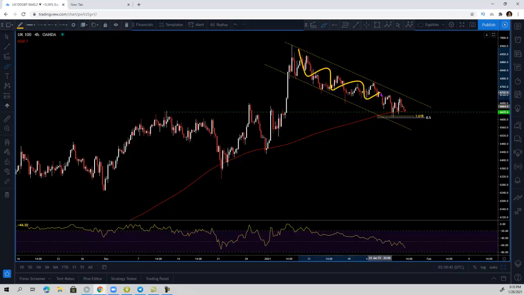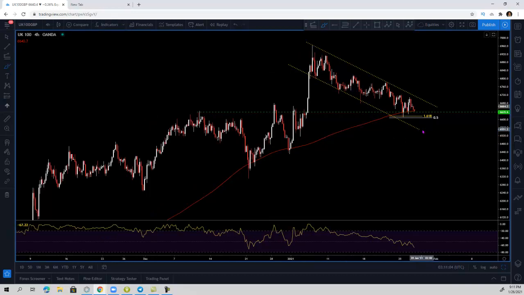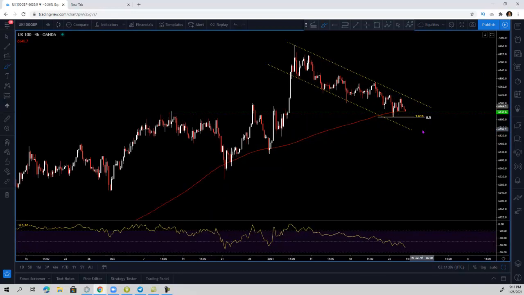And we have that 161.8 of the first leg down, which is the first target to the downside, which means that this is the level where sellers are going to be looking to close their orders, which makes for more bullish pressure. Now, this is quite the setup, if you ask me.